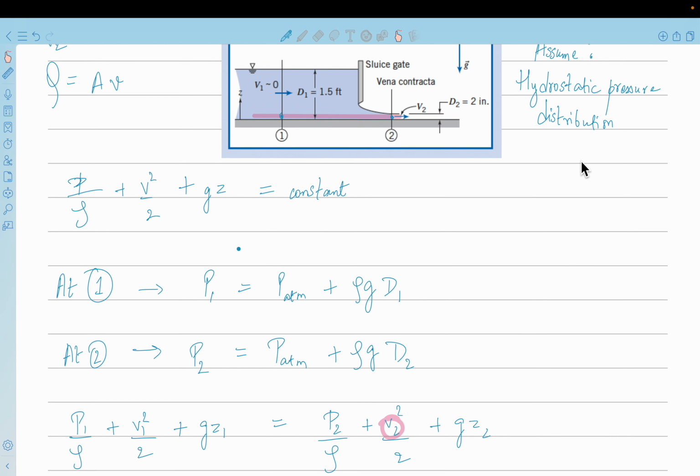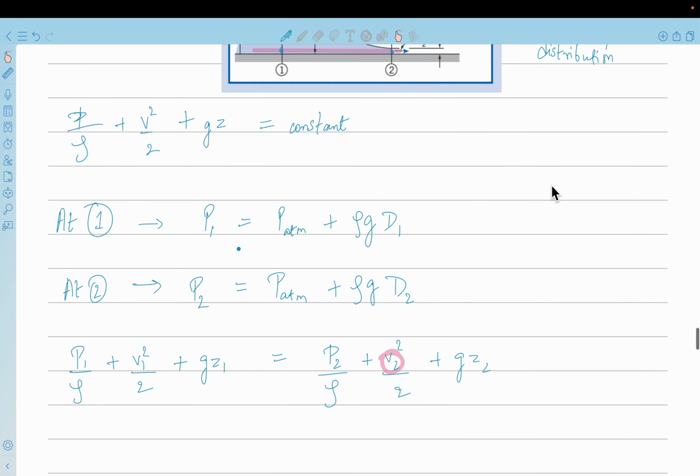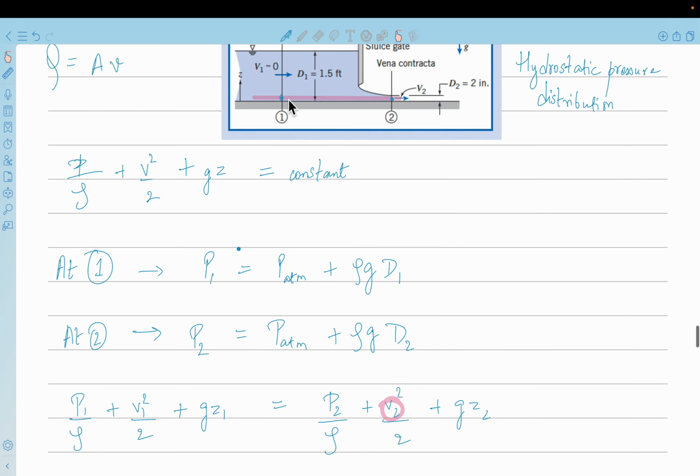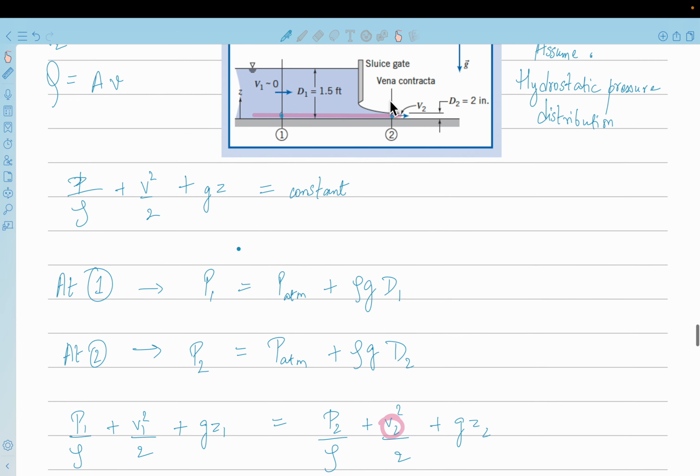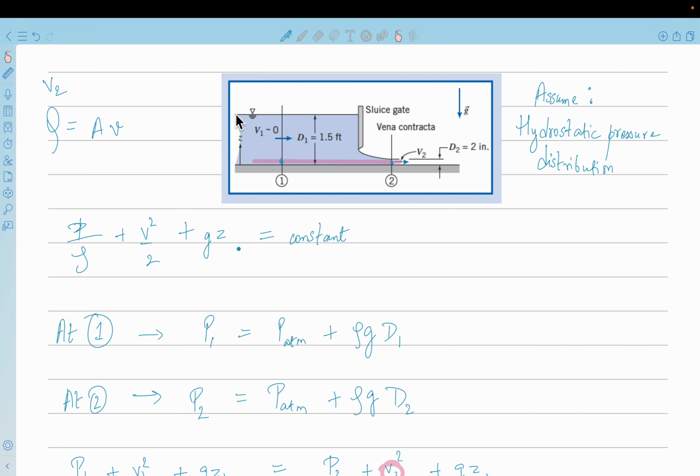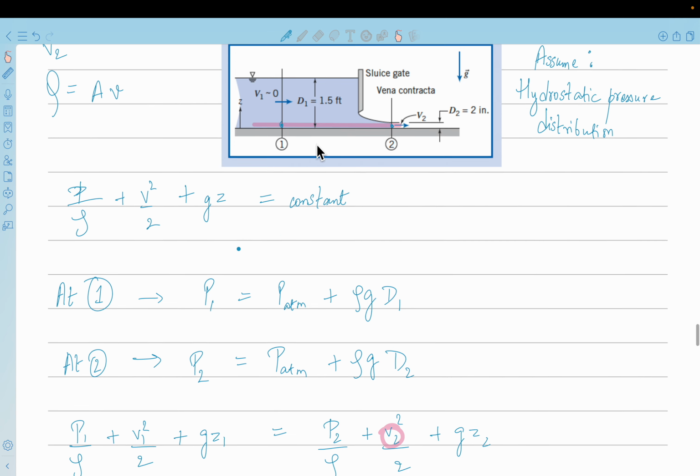See, Z1 is the location of the streamline. Now we have drawn this pink streamline over here. The streamline location from the free surface of the liquid, right? So this liquid, it is up to here, and from here the fluid surface is here. Okay, so at this station 1, what is Z1? It is D1.